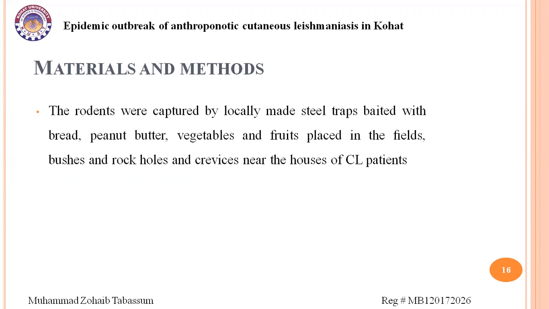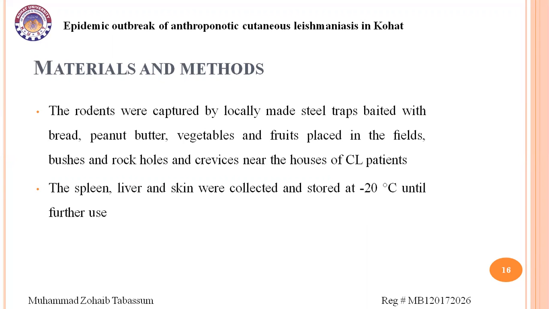Then the collection of rodents. The rodents were captured by locally made steel traps, baited with bread, peanut butter, vegetables, and fruits, placed in the fields, bushes, and rock holes, and near the houses of cutaneous leishmaniasis patients.